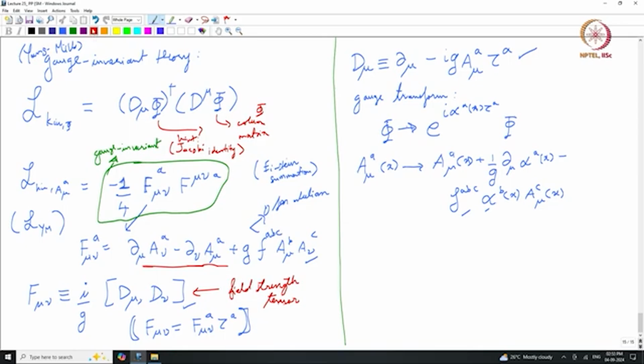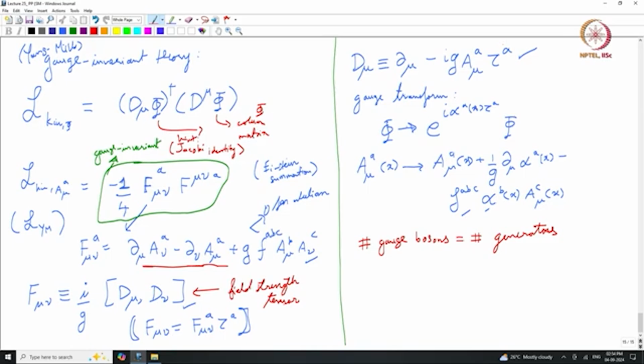In other words, what I'm implying here is that the number of gauge bosons in this theory is the number of generators in the theory. You agree? That's the only way I can contract the A's.